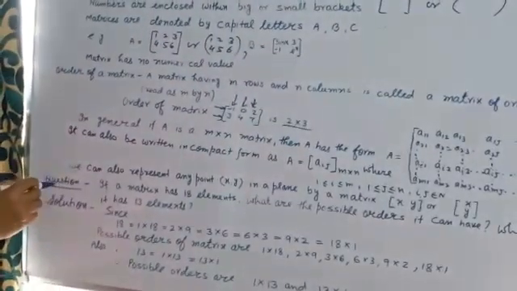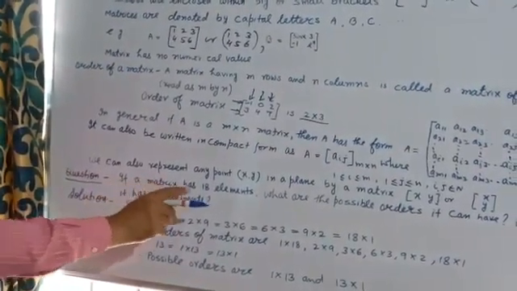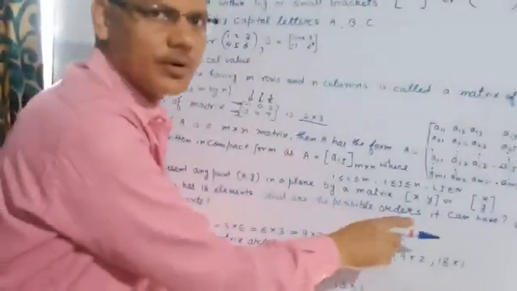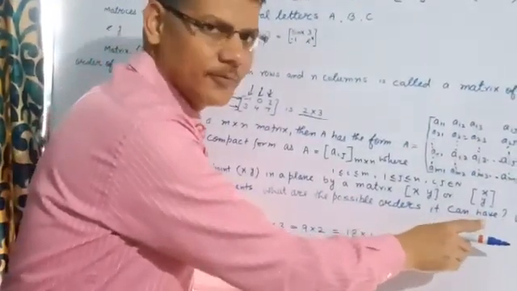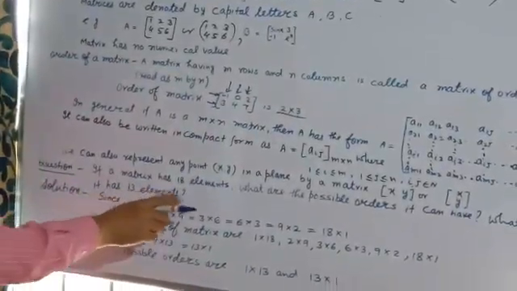Now we are going to deal with questions. First question is, if a matrix has 18 elements, then what are the possible orders it can have? What if it has 13 elements?